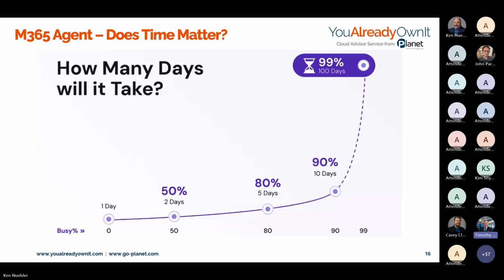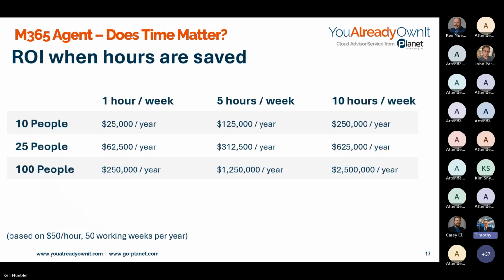So the next slide asks, does that equate to money? If we take the McKinsey and IDC studies about how much time is spent searching for information, and we take how busy we are and how much time Copilot agents can save us, if it saves 10 people 10 hours a week, that's 250 grand a year in savings.